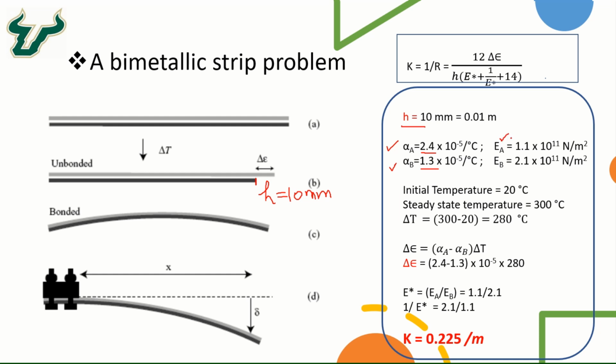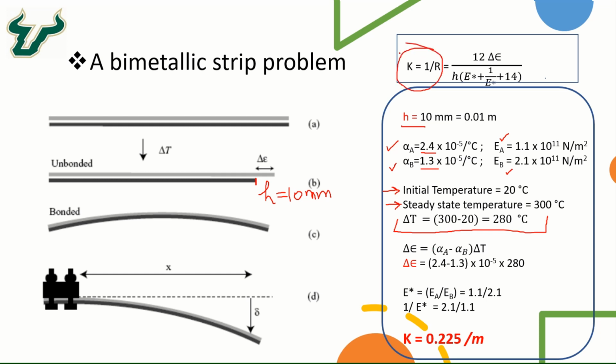The Young's moduli of elasticity are also presented there, and let's say the initial temperature was 20 degrees Celsius and the final or steady state temperature is 300 degrees Celsius. So the temperature difference delta T is equal to 280 degrees Celsius.